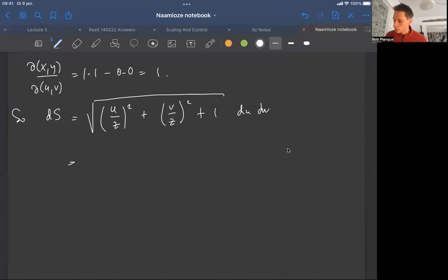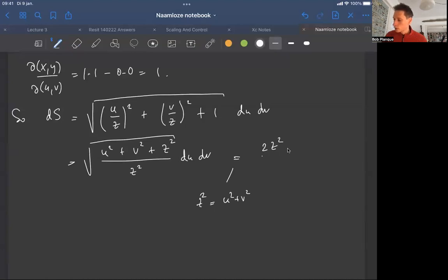So this is also equal to square root of u squared plus v squared plus z squared over z squared, du dv, which is equal, since z squared is u squared plus v squared, to the square root of 2z squared over z squared, which is just square root 2.